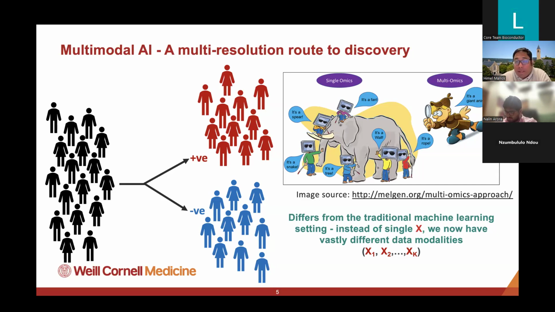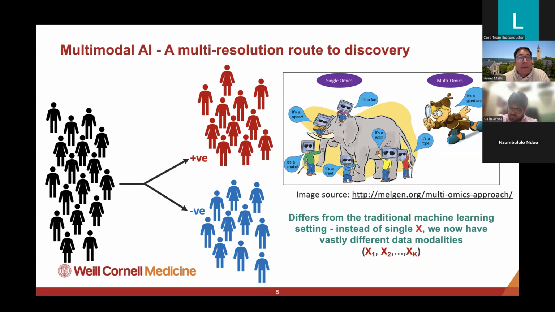We now have multiple X's as opposed to a single X. Remember that the single X was already complex enough from an omics standpoint, that it was already high dimensional. We already had machine learning models capable of modeling that high dimensional data.